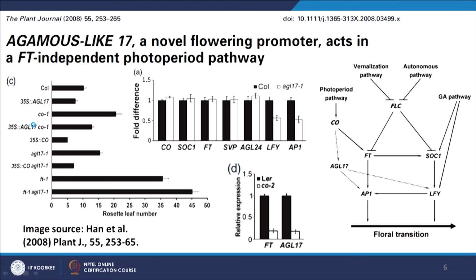Similar genetic analysis has been done here to show that AGAMOUS-LIKE 17, another gene working through a different pathway, is also downstream of CONSTANS. As you can see, in the CONSTANS mutant background, the expression of both FT as well as AGL17 is decreased. So, CONSTANS is activating AGL17, and AGL17 is also activating finally AP1 and LFY.